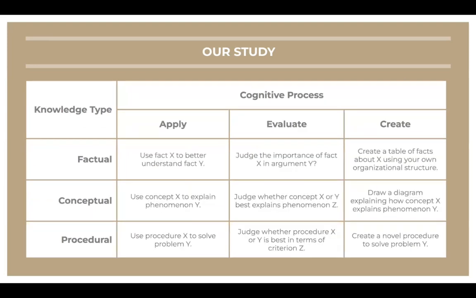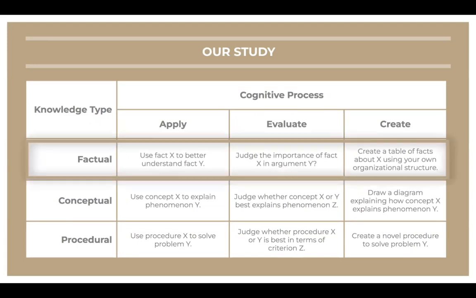Okay. We have 9 different task types, and so I'm not going to describe them all, but maybe we can do 1 row and 1 column. For instance, in the factual row, we have, let's say, an apply objective would be, use fact X to better understand fact Y. Evaluate would be judge the importance of fact X in argument Y. And the create would be create a table of facts about X using your own organizational structure.